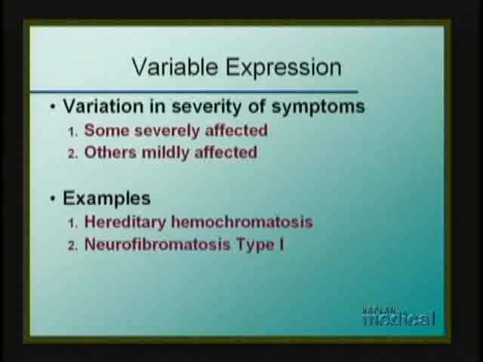Now, sometimes that difference in severity of symptoms can be as a result of the particular kind of mutation that an individual has. For example, if an individual has a genetic disease that resulted from missense mutations, sometimes those symptoms will be milder than someone who has their particular disease resulting from nonsense or frameshift mutations.